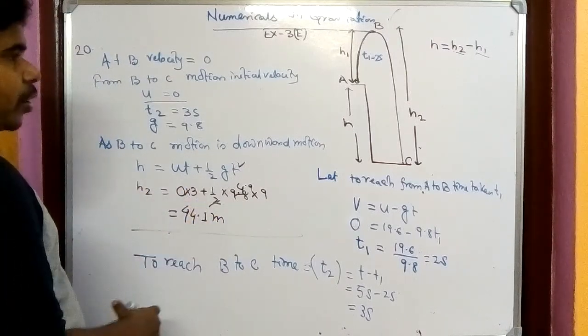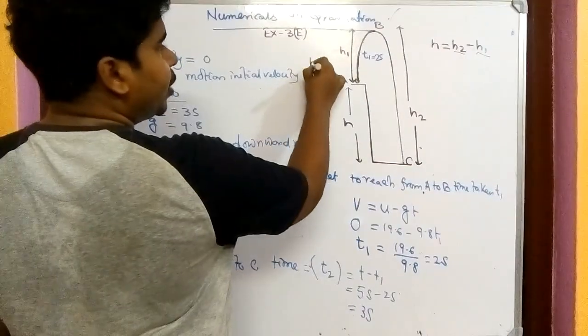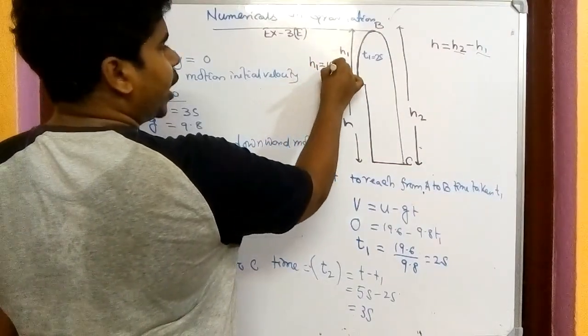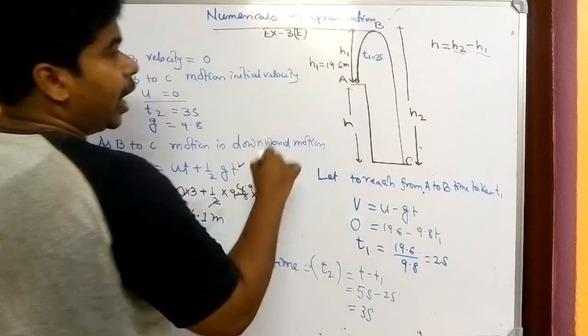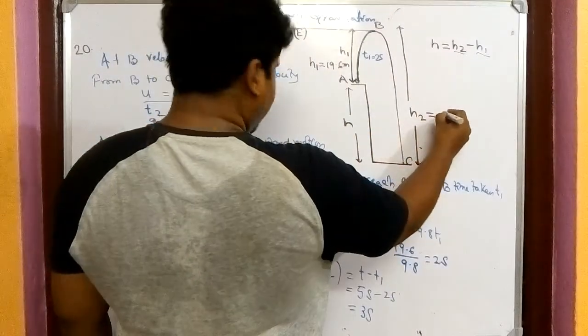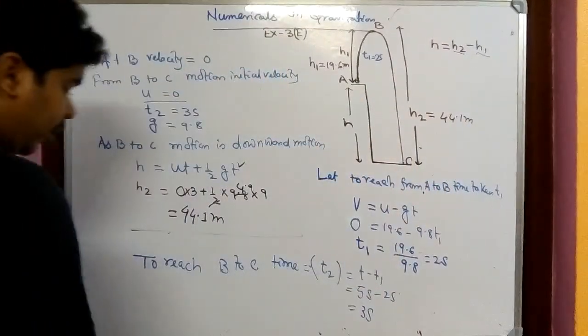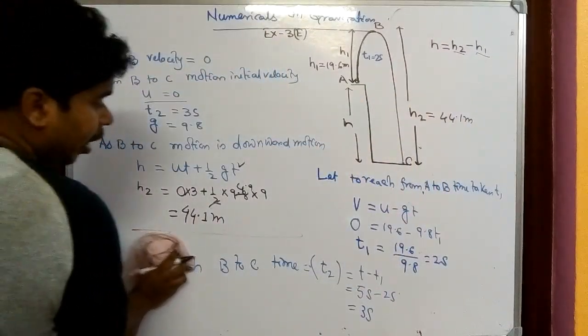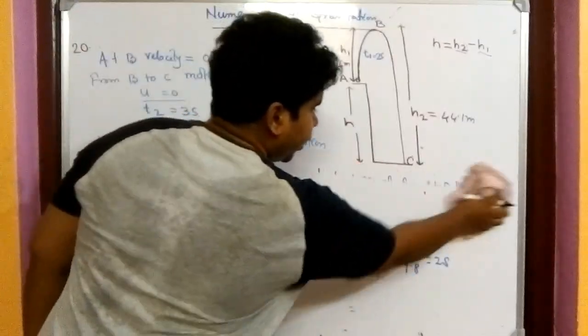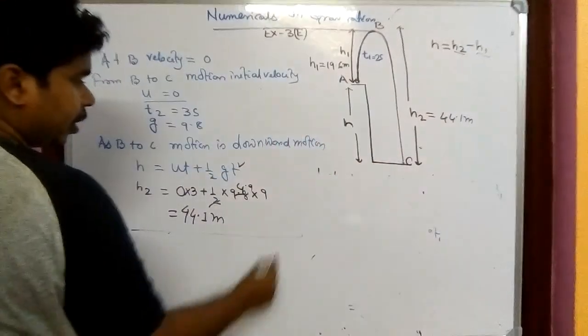Okay, so h1, I have done in the previous part, that is 19.6 meter, and h2 we have seen is 44.1 meter. Then we'll go for the height. What will be the height of the tower?